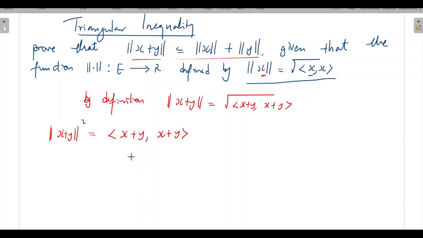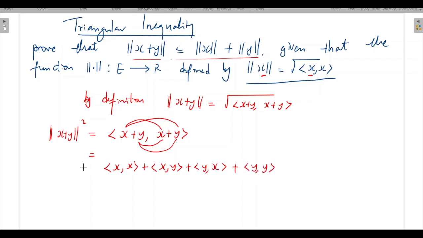Now, let's expand the right-hand side and see what we get. Don't forget, if you have not seen the videos that I made before this, try as much as possible to go see them. Now, the expansion is done this way. This x comma this x plus this x comma this y, and this y here comma the x over there plus y comma y.